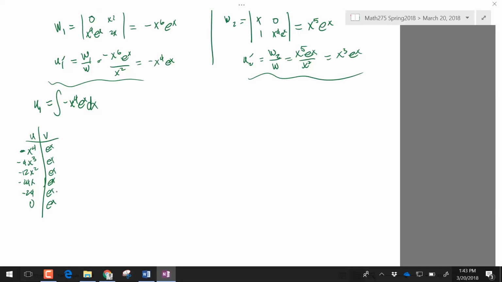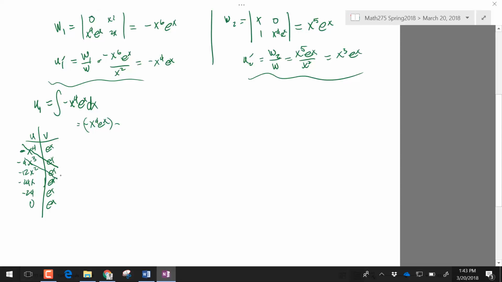And so when you do integration by parts several times, you get uv minus v du, and then you would do it again, uv minus v du. You just combine the u's and the v's for every step. Like here, I have negative x to the fourth e to the x.